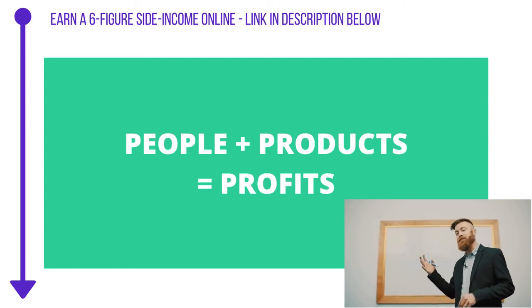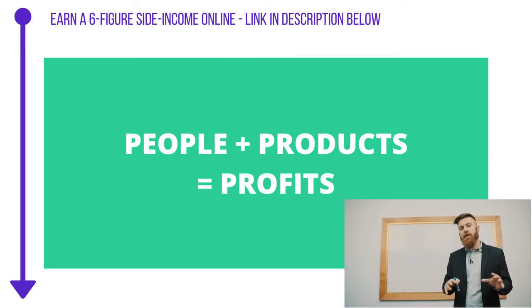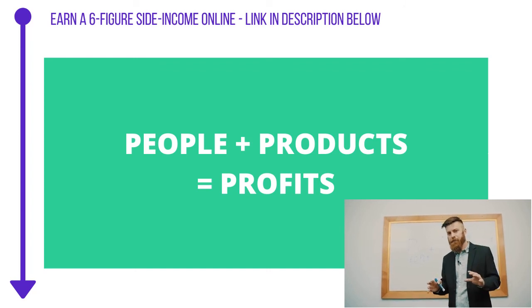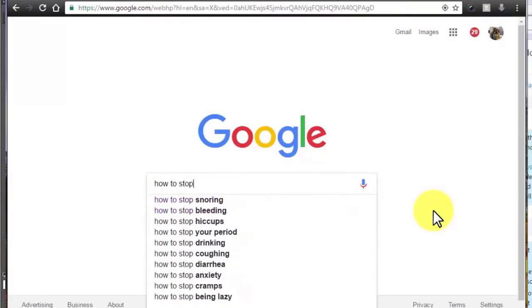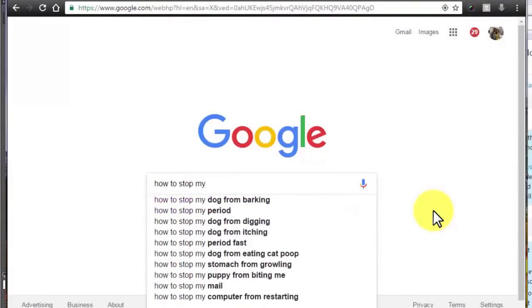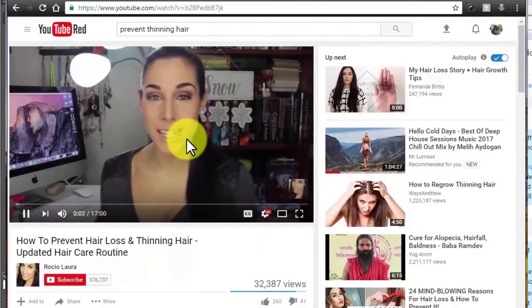So whenever you connect people with products, you can make money. And the easiest way to connect people with products is using the internet, using links, or using Google or Facebook or YouTube or other social media that people use every single day.